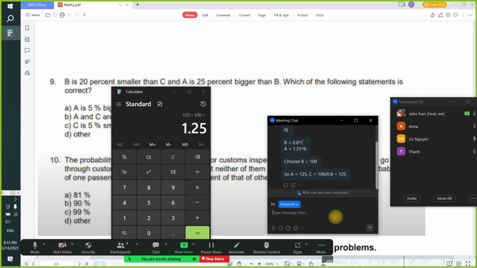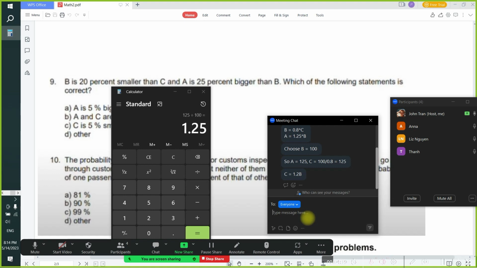Yeah, I think so. B is 20% smaller than C, so it means that C is 20% bigger than B, isn't it? So it's 1.2B.